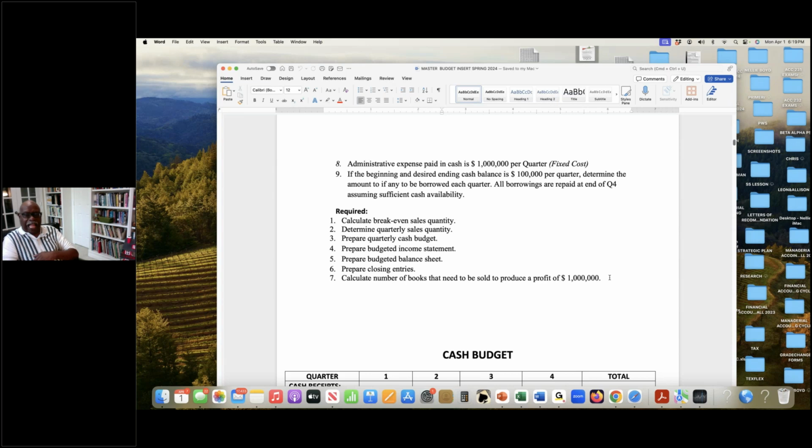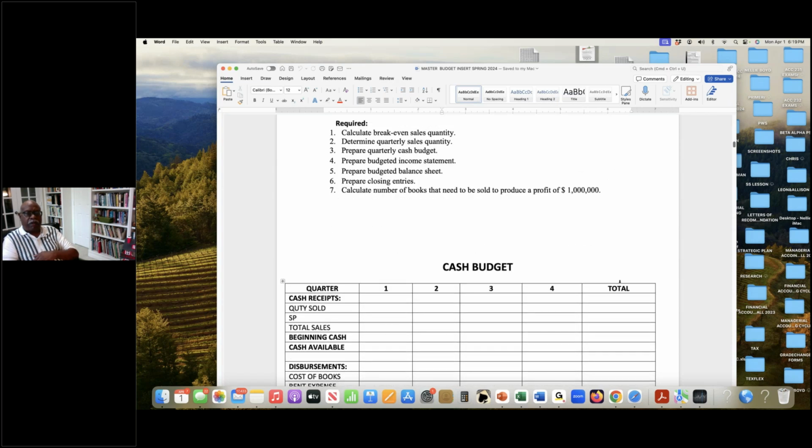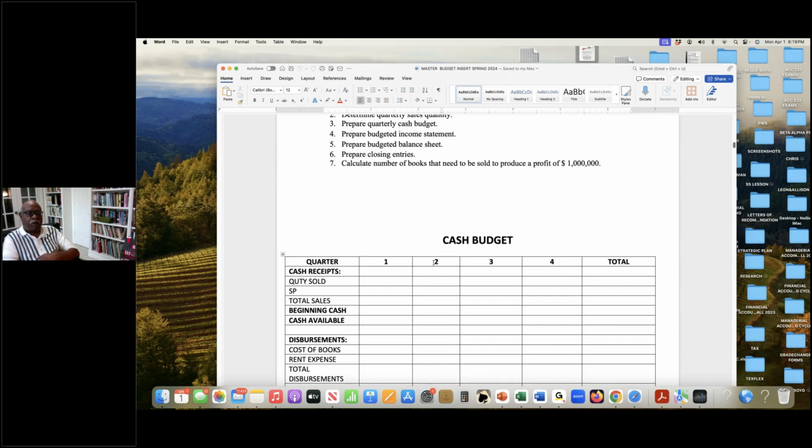Okay. So it says that we're gonna pay this rent every quarter, right? So in period 1, you got to pay $1 million. In period 2, you got to pay $1 million. In period 3, you got to pay $1 million.